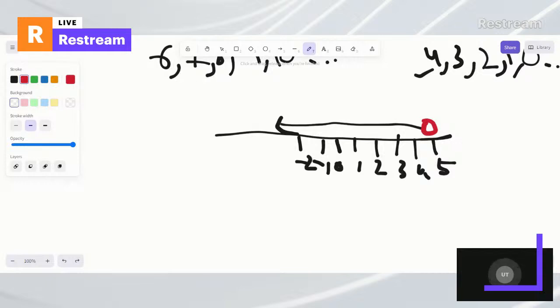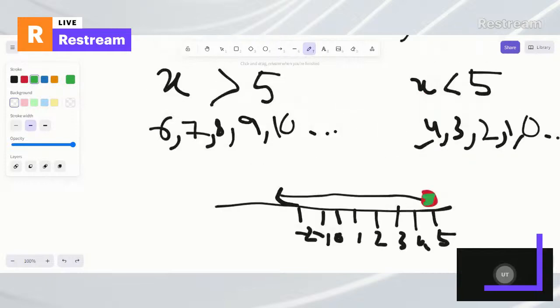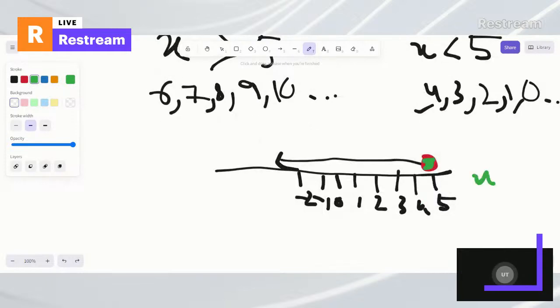If I fill it up, it means that I'm also including this number in the sequence. So that would mean x is less than or equal to 5. It could be 5, it could be 4, 3, 2, 1, but it could be 5 as well. That's the difference filling this up makes.